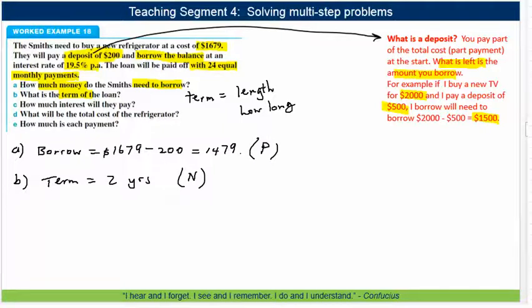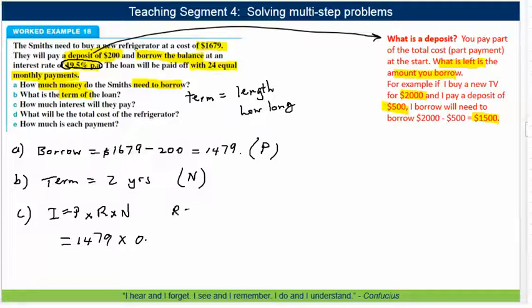How much interest will they pay? Right, okay, so now we need to use the simple interest formula. Principal times rate times N. The principal is $2,479. We're going to times that by the rate. And now the rate, I need to get the rate. So the rate up here is 19.5% per annum.